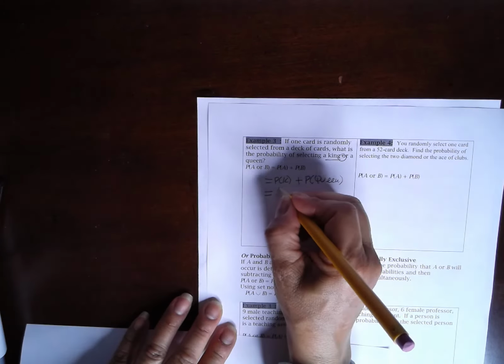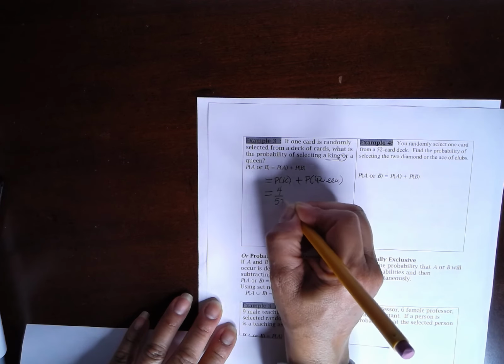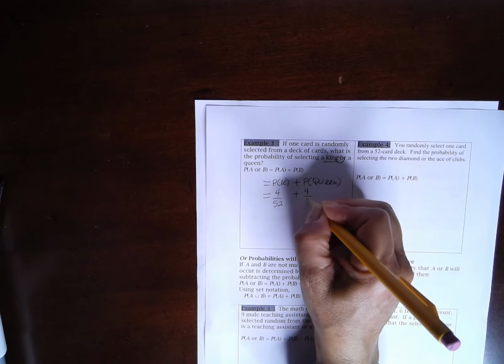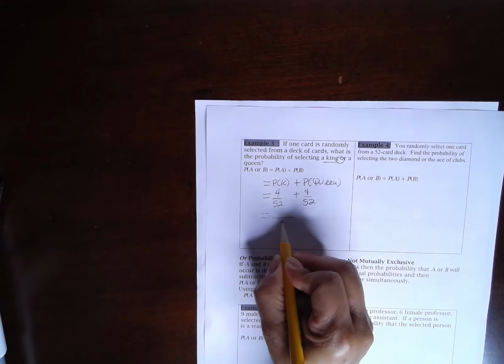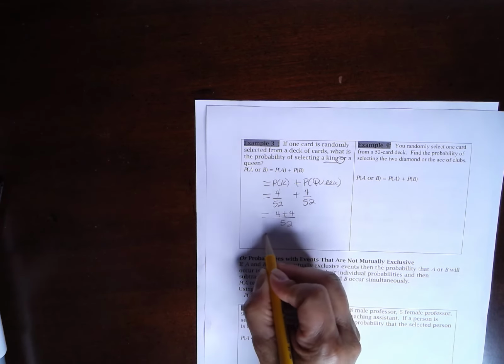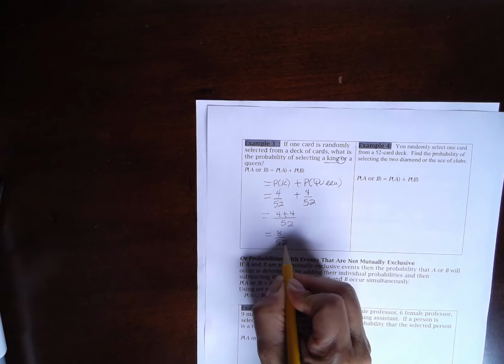So you go back to the standard deck of cards, and kings, we have 1, 2, 3, 4. You have 4 kings to choose from. So we're going to write in here 4 out of 52. And then queens, you have 1, 2, 3, 4. So queens plus 4 out of 52. Since they have the same denominator, I keep the denominator the same. Add across, 4 plus 4. This gives me 8 out of 52.